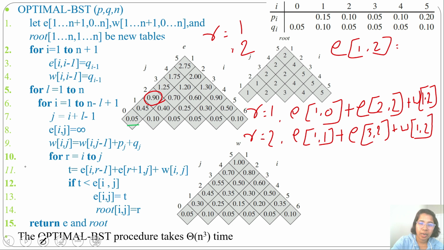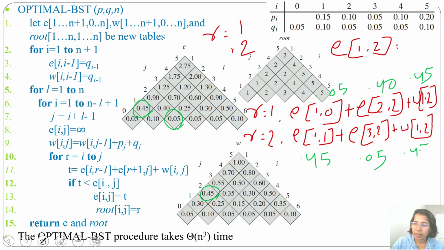Now E[1,0] is 0.05, E[2,2] is 0.40, and W[1,2] is 0.45. E[1,1] is 0.45, E[3,2] is 0.05, W[1,2] is 0.45.